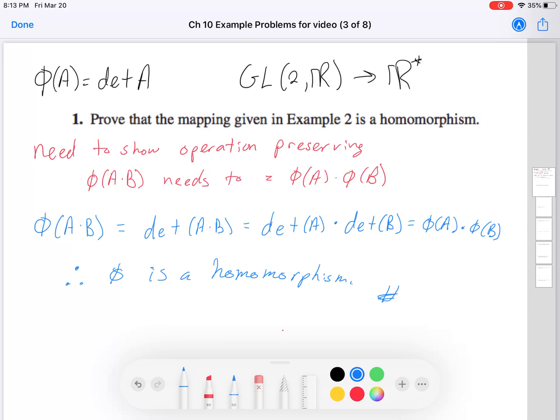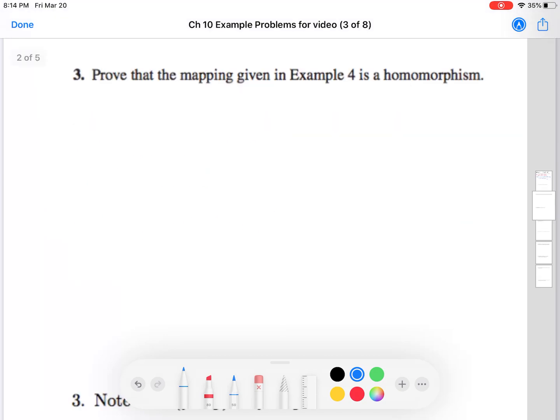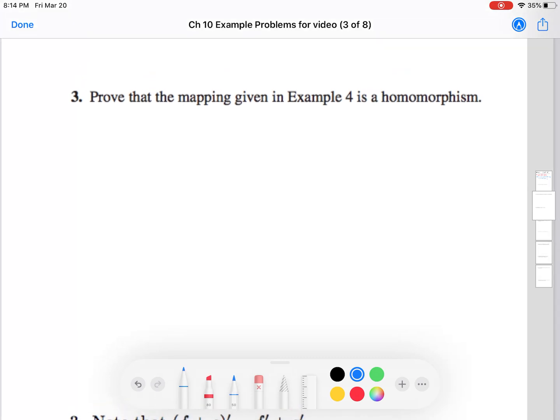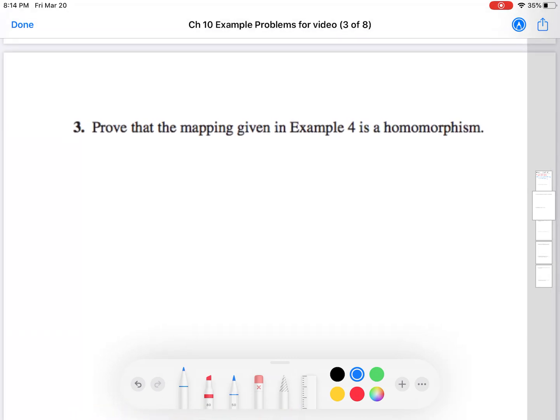Woohoo! That was a nice quick one to do. Our next problem that we're going to look at is number 3. Number 3 says, prove that the mapping given in example 4 is a homomorphism. So we've got to think back, what is example 4 talking about?